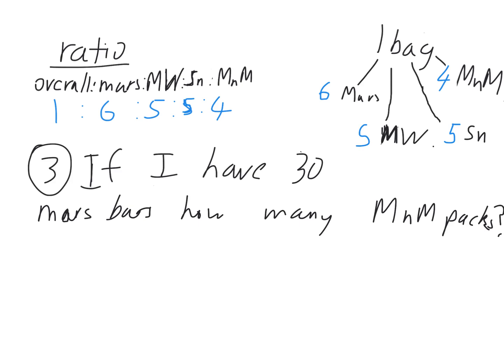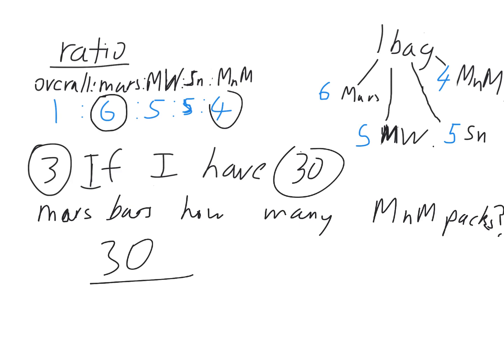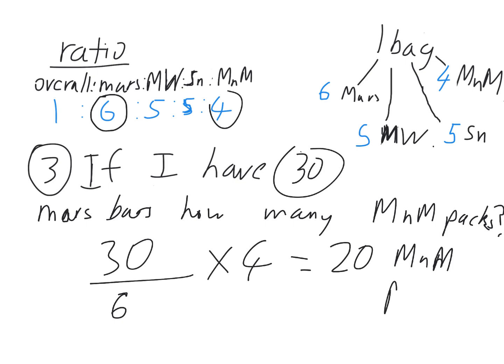The way we're going to do it is exactly the same as the other ones. We take that 30, divide it by the ratio number where it starts and multiply by where it's going. So divide by 6 times by 4. And that gives us 20 M&M packs.